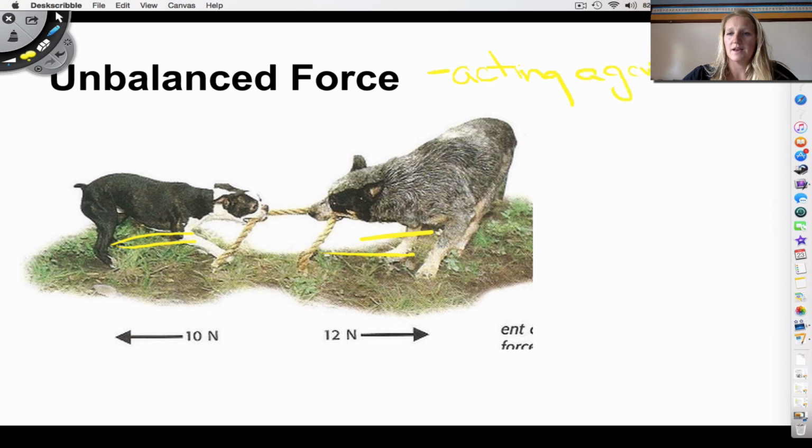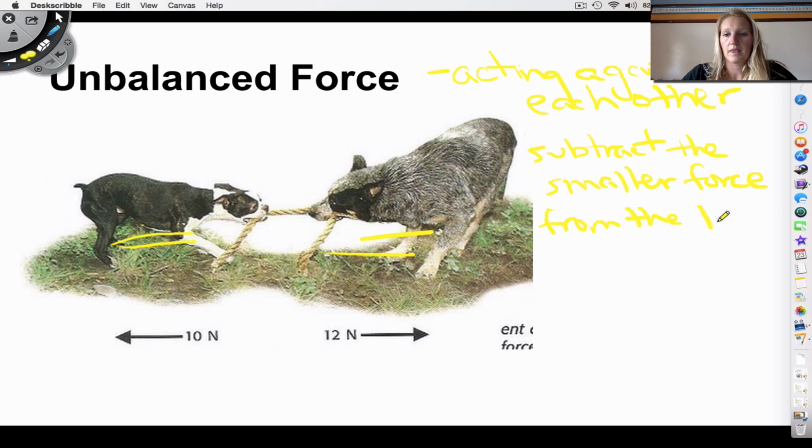what we do is we subtract the smaller force from the larger force. Logically, the bigger dog is going to win here, the one exerting more force units than the weaker one.